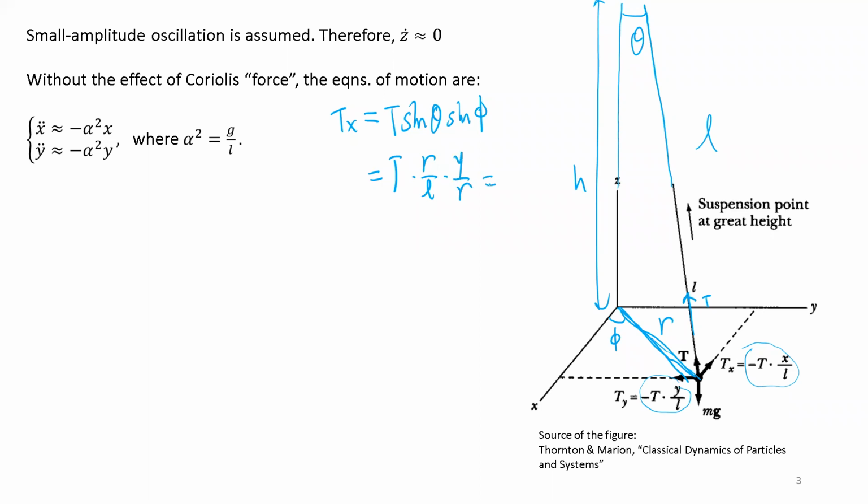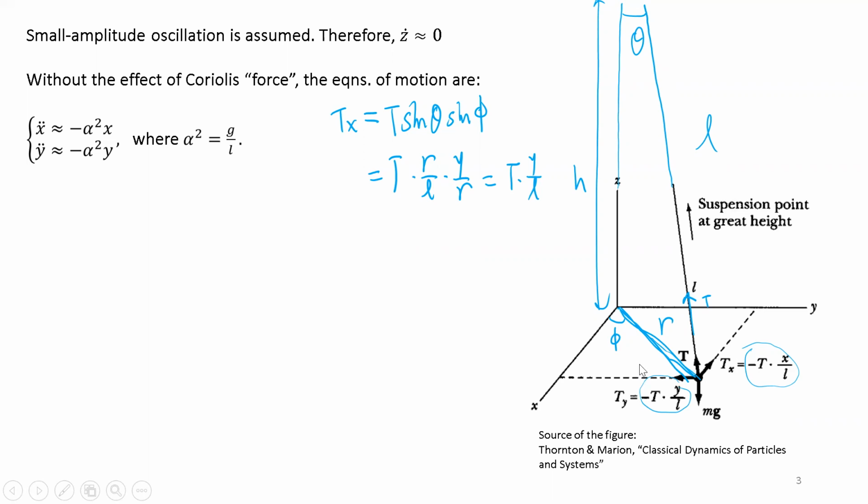That would just be T times y divided by L. And I have this minus sign here because it's towards the negative direction.